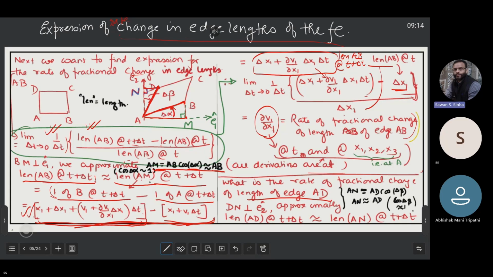Again, I invoke a similar approximation which I used earlier. AN is strictly speaking AD times cos delta beta, and then delta beta being small, I will say AN is approximately equal to AD at time t plus delta t. The length of AD at time t plus delta t is approximately the length of AN at time t plus delta t.